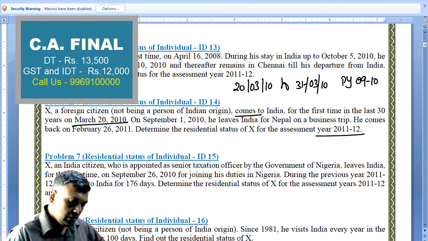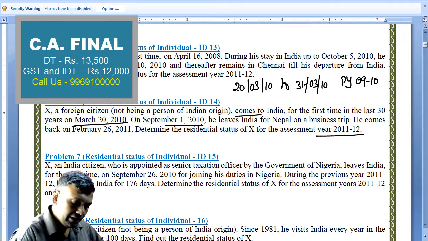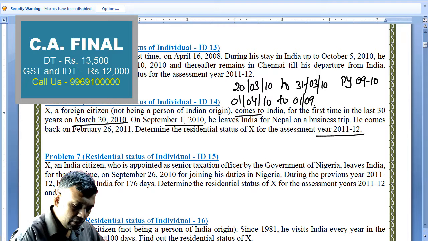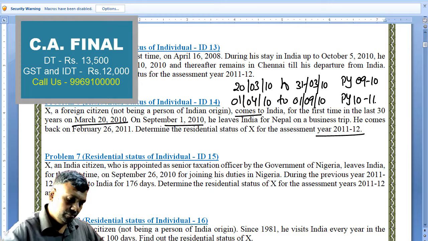Then on September 1, he is leaving India. That means 1st April 2010 to 1st September 2010, he is inside India, but this will be your previous year 10-11. This is his number of days of stay in India.